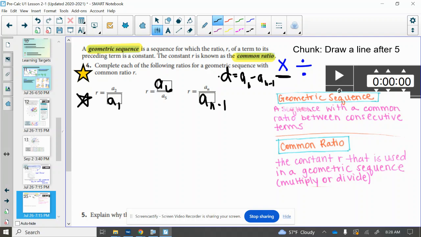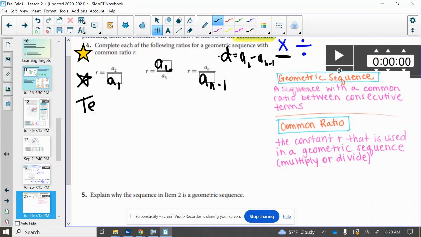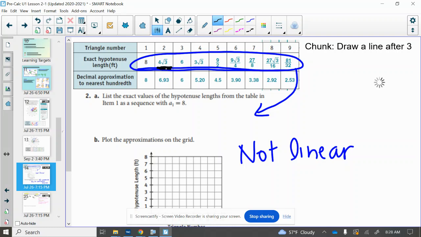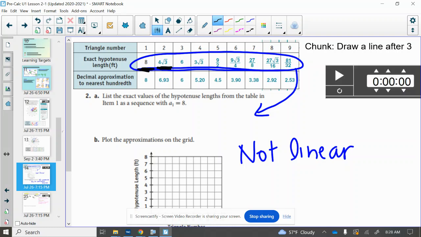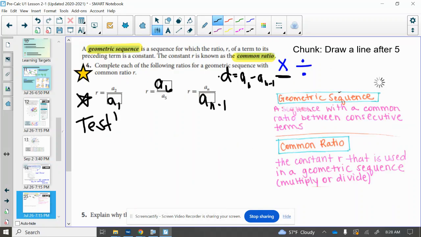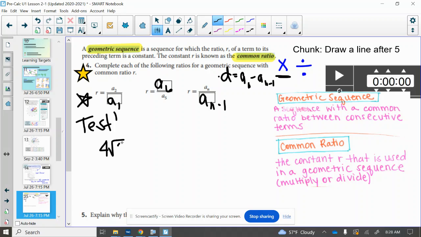So if we test this out for our previous examples, if we look back here, we said that a sub 2 was 4 square root 3, and term 1 was 8. So we have 4 square root 3 divided by 8.